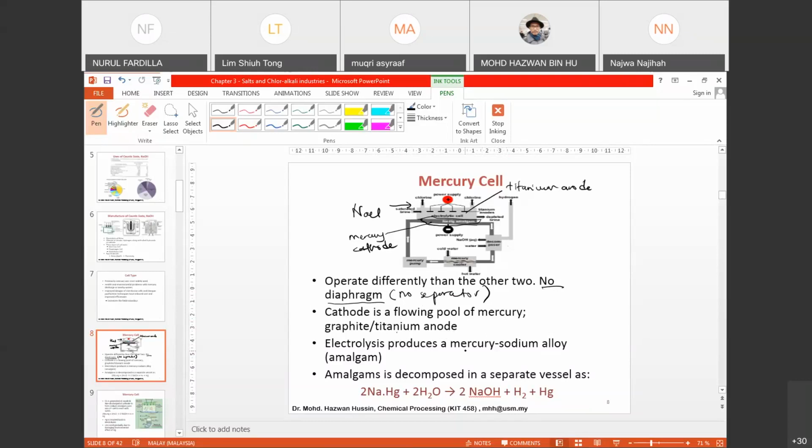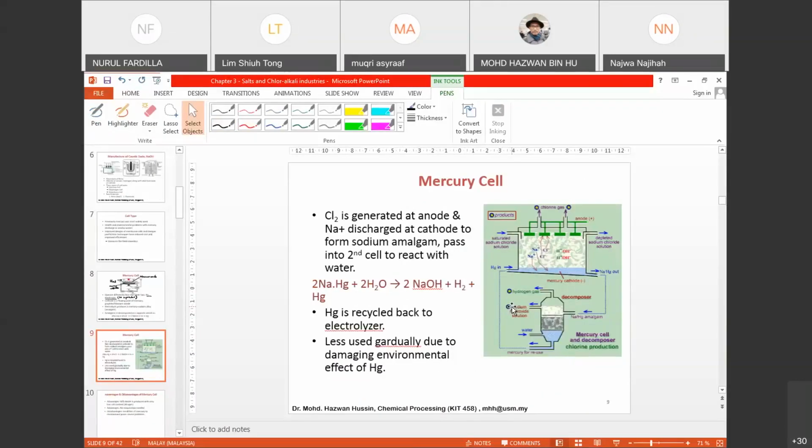This electrolysis produces amalgam, and then the amalgam is decomposed to produce sodium hydroxide. Basically, this is the detail. Probably you can see this one more clearly.